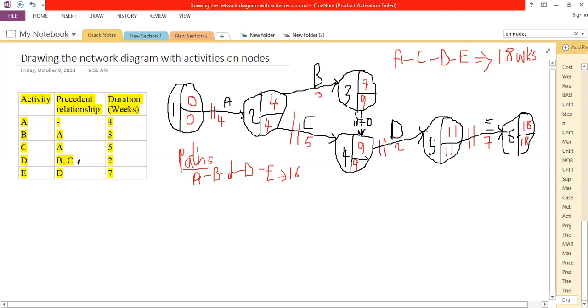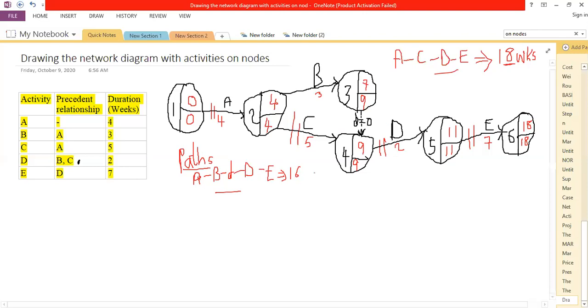The other path is path A, C, D, E. There's no other path whose duration we had already identified to be 18. So we would have made a comparison between this path and this other path, and would realize that the 18 being the longest amount of time, it would give us the definition of the critical path.